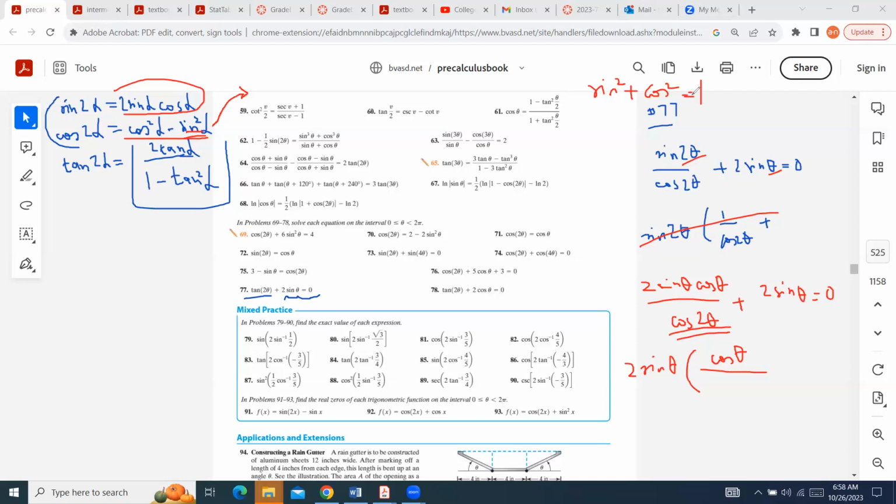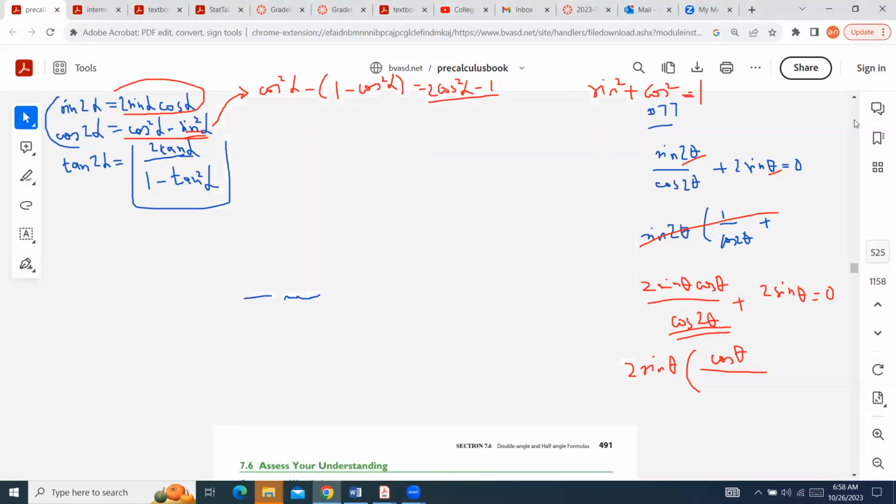Instead of sine squared, I get cosine squared, and then I subtract from it 1 minus cosine squared. In other words, it'd be cosine squared twice, subtract 1. So right away, I can always get the cousins of this formula with a double angle, with cosine of double angle.